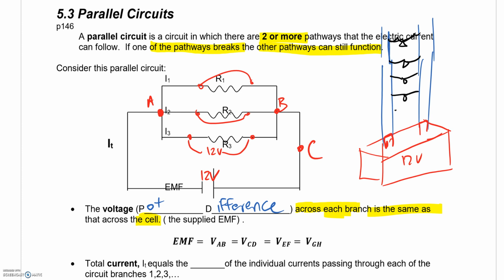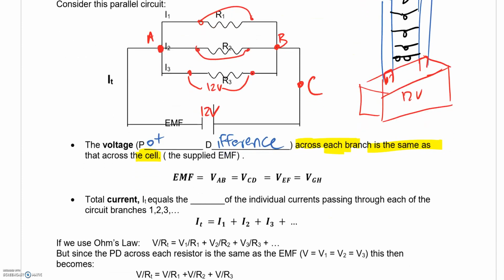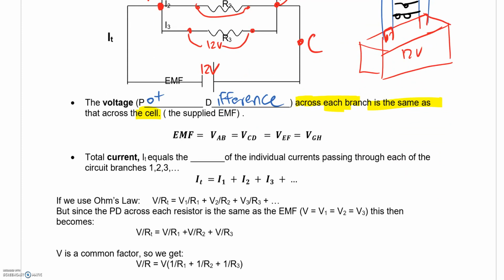So I'm doing light globes. Each one of those light globes would have 12 volts across it. So think of it that way. So the first rule in terms of voltage is the voltage across each of the branches is equal to the EMF.